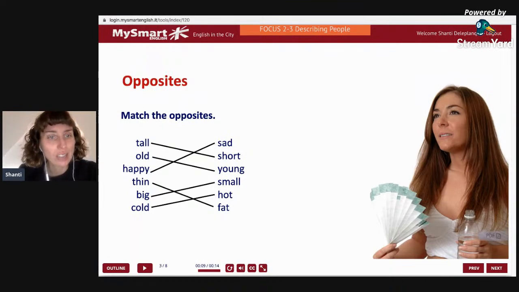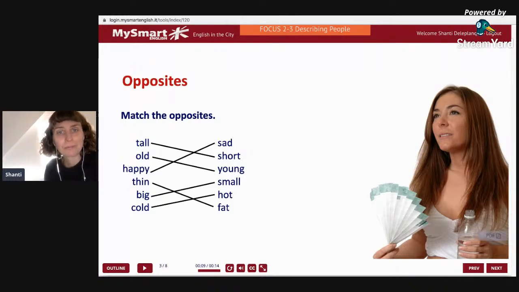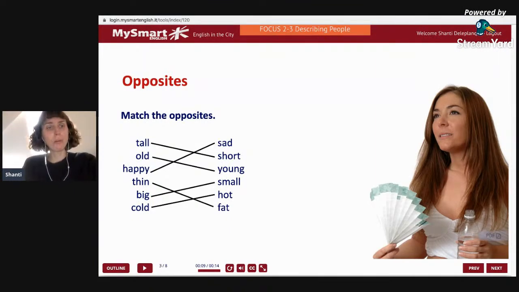So she's hot, and is she young or old? This woman is probably young. But how do we say when a person is 45, they are not young and they are not old?